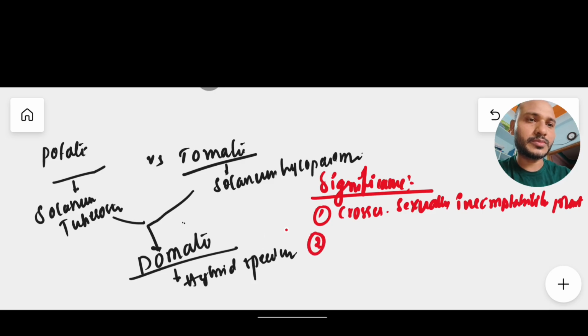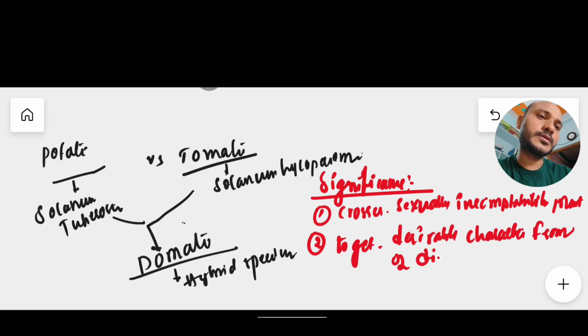Now, the second most important significance of somatic hybridization is combining desirable characters from two different parents.